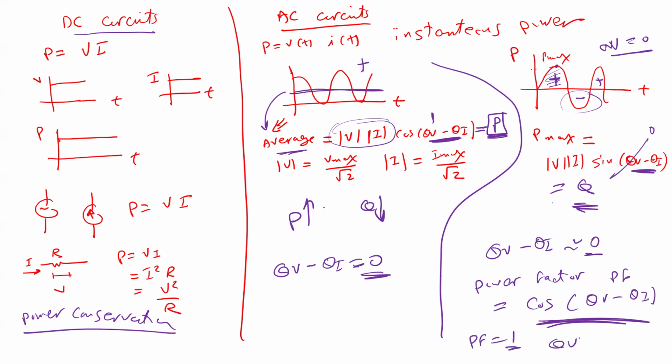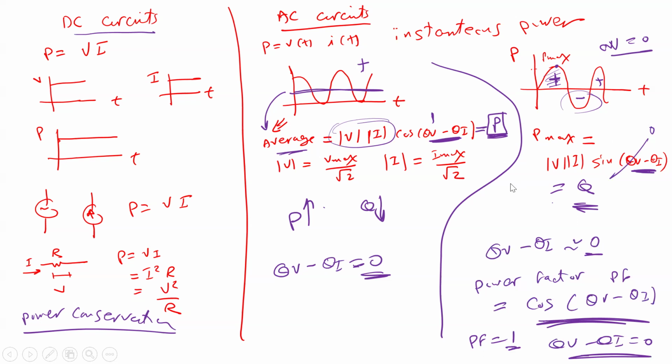This is when theta V minus theta I equals 0, because cosine 0 is 1. So we are trying to make the power factor as close to 1 as possible. If it is 1, we maximize P and minimize Q, or actually Q is 0 in this case.